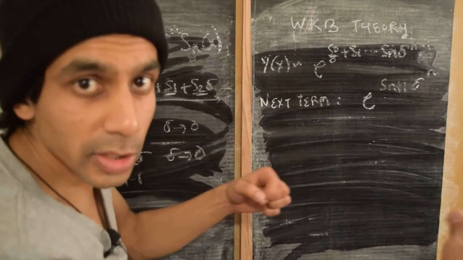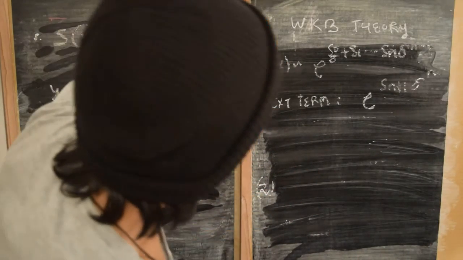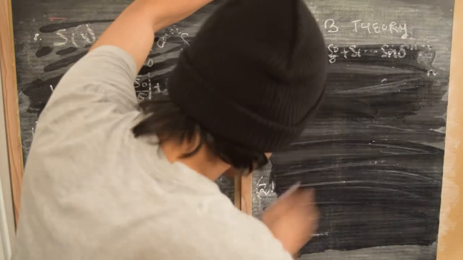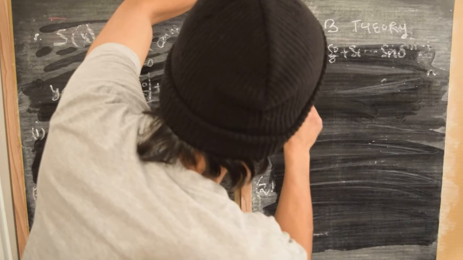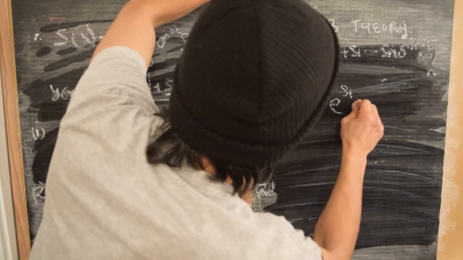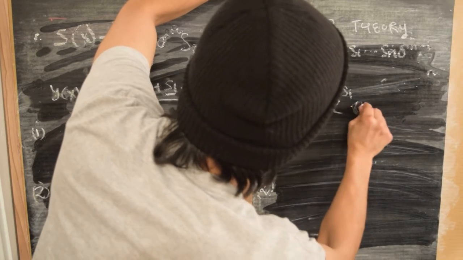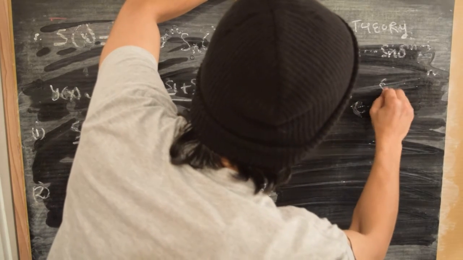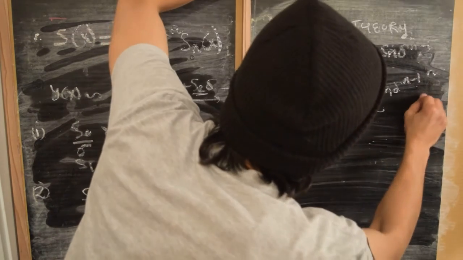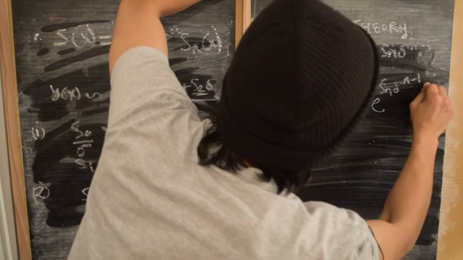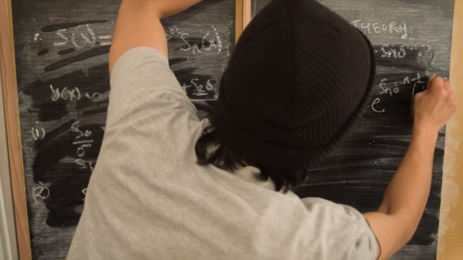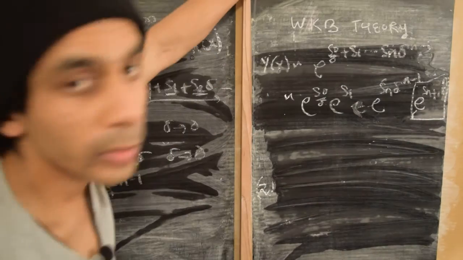So we can split the exponential into products of exponentials and write this as e to the power of S naught divided by delta, e to the power of S1, dot dot dot e to the power of S n delta to the n minus 1. And the term we are ignoring is this term, e to the power of S n plus 1 delta to the n. So this is the term we want to ignore.